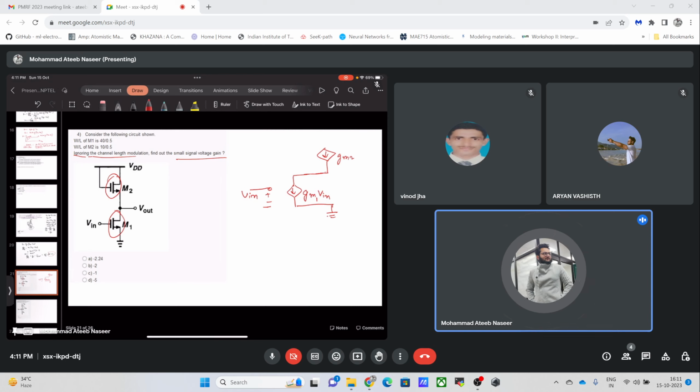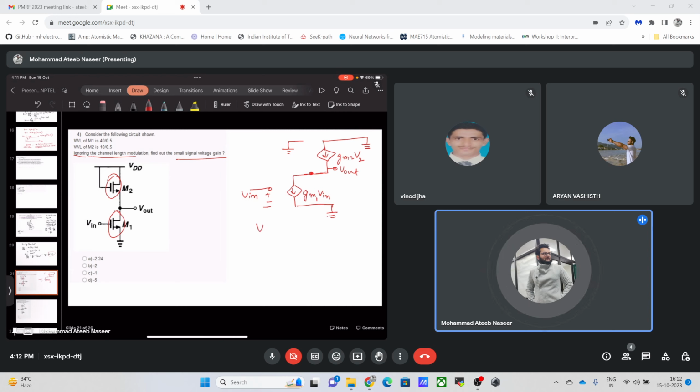It would be this V2, since this is grounded, and this is the V out. So this V out is what we are looking into. This is also grounded for the small signal model.